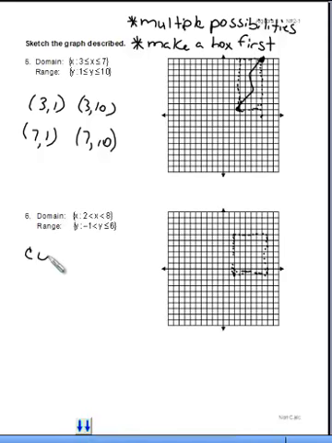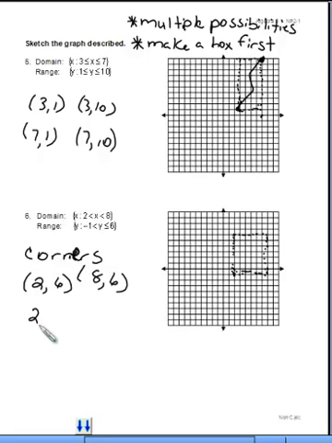The corners, okay, still hard to read, but anyway, hopefully you heard. The corners of the box are at 2, 6, at 8, 6, at 2, -1, and at 8, -1. Okay?